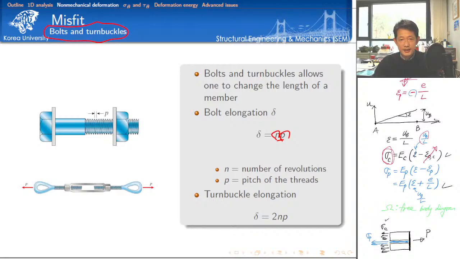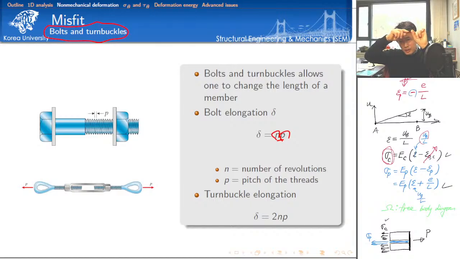It's like pre-stressing technology, okay? The length is less than the reference dimension. Simply think in that way. When we introduce the pre-stressing force to a member, we stretch the pre-stressing tendon, and then we keep the end of the pre-stressing tendon at the end of the member.